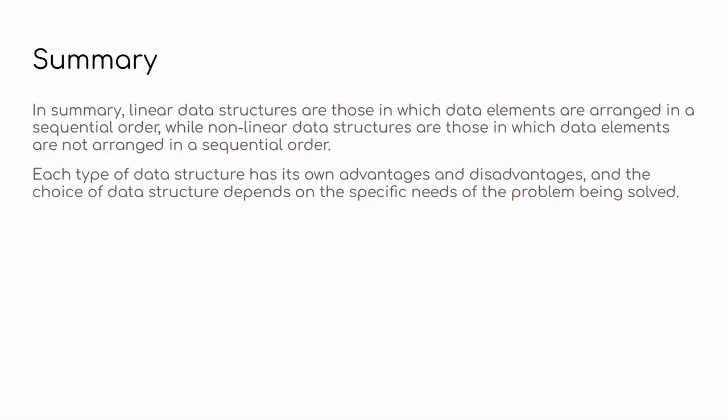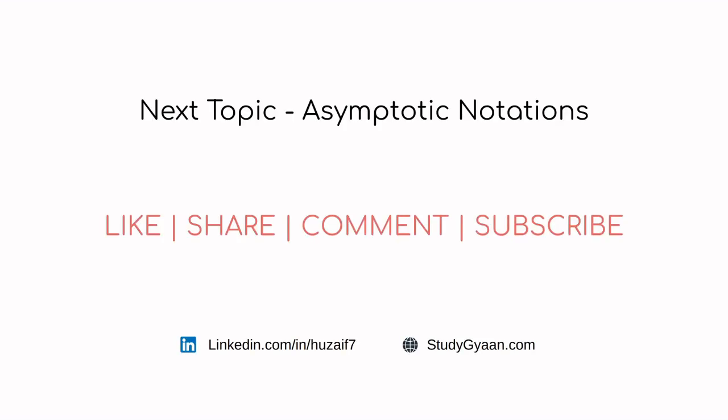Non-linear data structures are tree, graph, and hash tables or hash map. Each type of data structure has its own advantages and disadvantages, but the choice depends on us and on the specific need, where we can use it efficiently to solve a problem. So the next topic will be asymptotic notation.